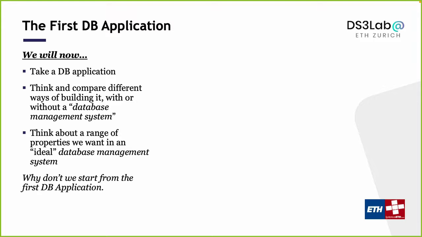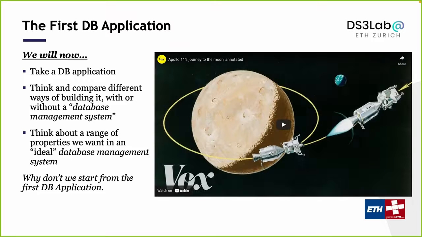Let's take this application. Here's a video; we'll go back home and try to look at it. But this is about Apollo 11. This is actually one of the first database applications that humans ever built. This is why we have databases in the beginning. What people wanted to do back in the 60s was build this rocket, which is very complex.